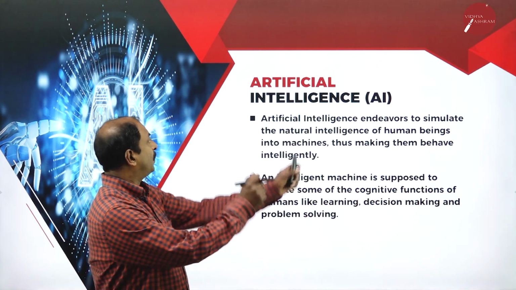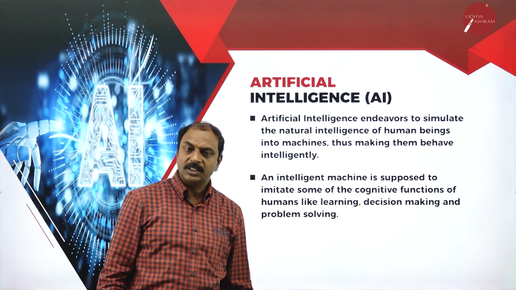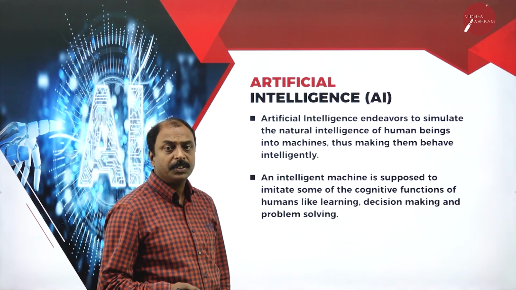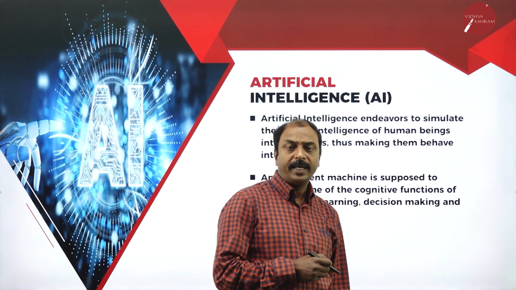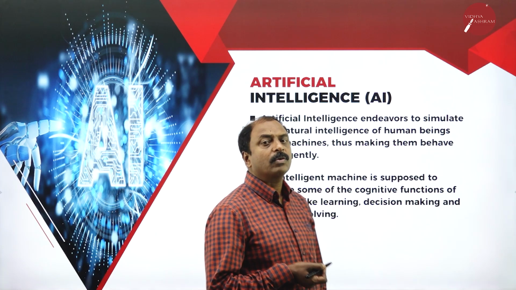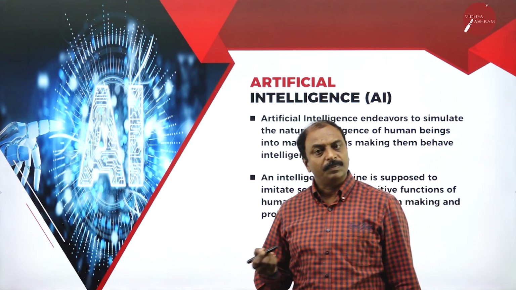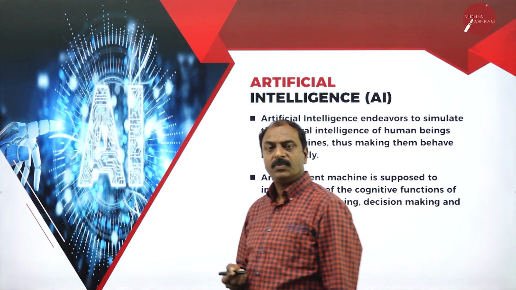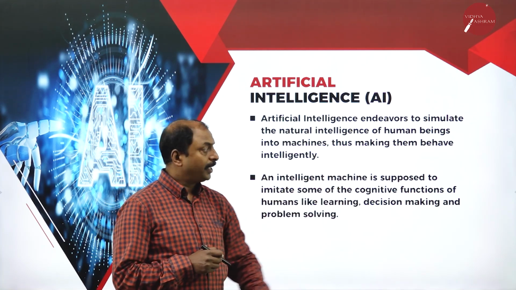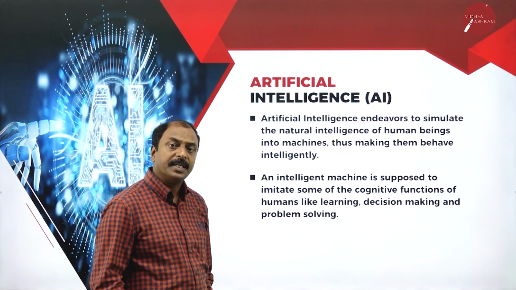So here, what is artificial intelligence? It is a concept where we are making computers or any machines to think like human beings and to work like human beings. So here, as humans can take their own decisions, that is the concept. We are making a machine or a computer to think like a human being and to behave intelligently.